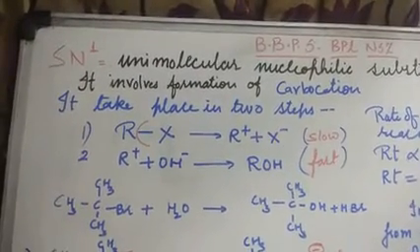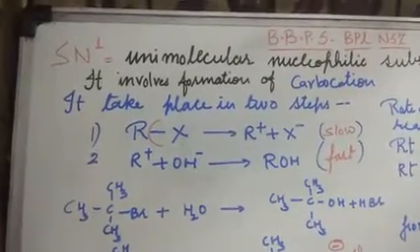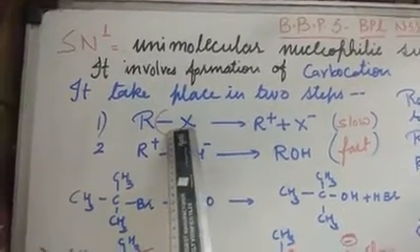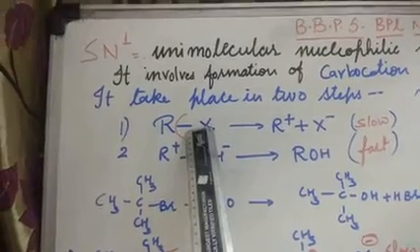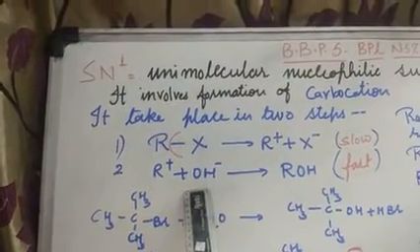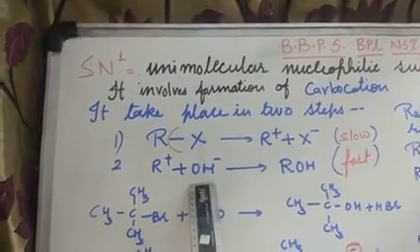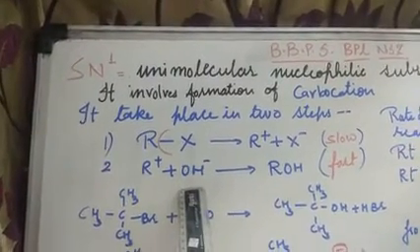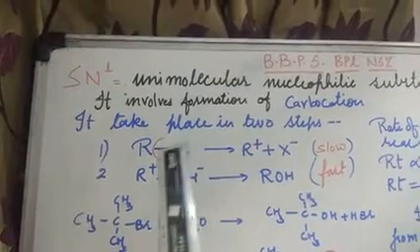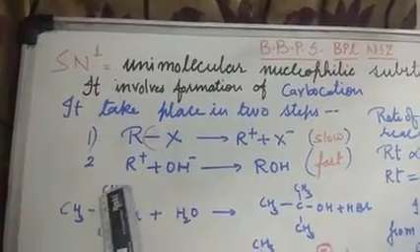So here also the same thing is happening students. Two reactants are there: one is the alkyl halide and the other is the nucleophile. The reaction actually takes place in two steps. If the reaction takes place in more than one step, then the reaction is called a complex reaction. If the reaction takes place in one step, like in case of SN2, the reaction is called an elementary reaction.